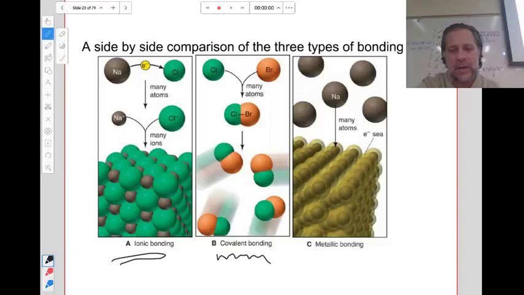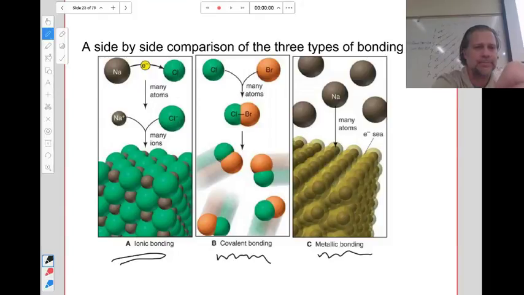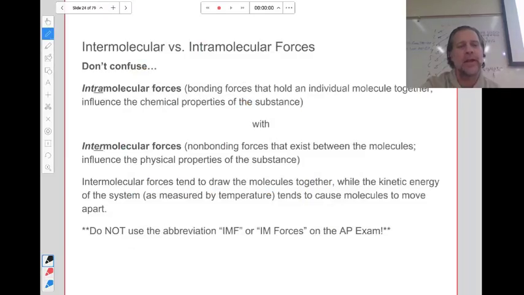And then lastly, with metallic bonding, the major difference is the electrons are delocalized, so they are being used by many atoms at the same time. So we have delocalized for metallic, sharing electrons for covalent, and transferring electrons for ionic. Okay, so super fast. We're not going to go that far today. I just put them all on here.